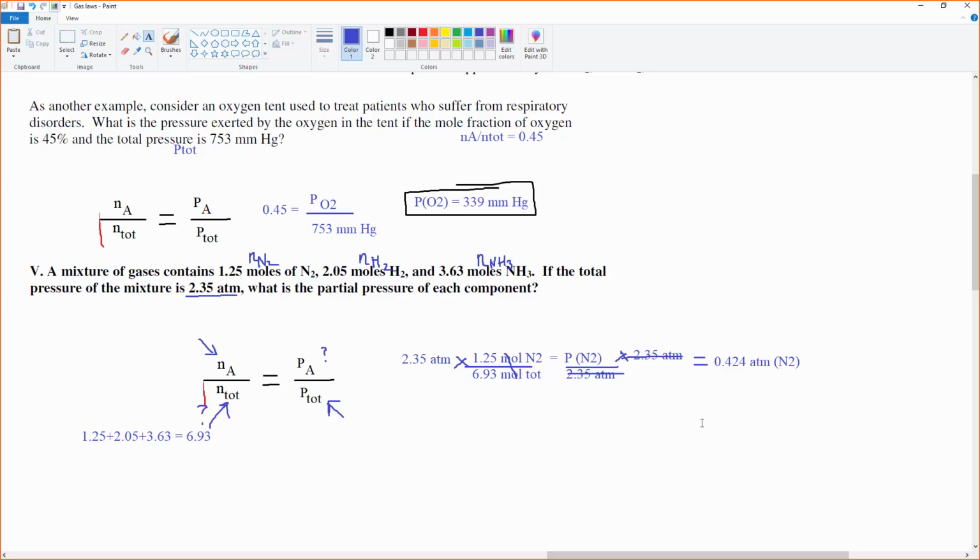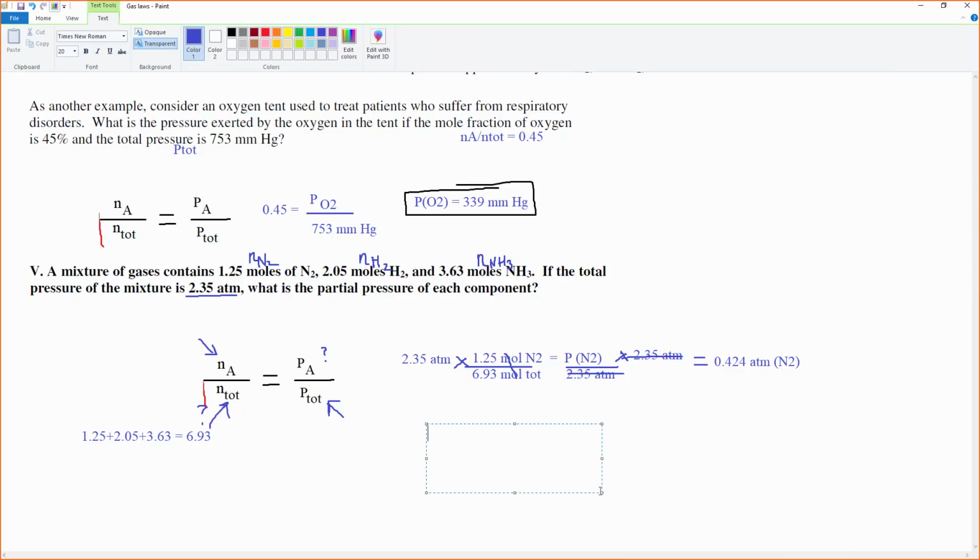Okay, how do we solve it for the hydrogen? Yeah, we're going to play the exact same game, but instead of 1.25 for the moles, we're going to put in 2.05 for the moles, right? So my number of moles of H2, 2.05 moles H2 divided by, again, 6.93 moles tote. And I'm going to multiply that by 2.35 atmospheres tote.